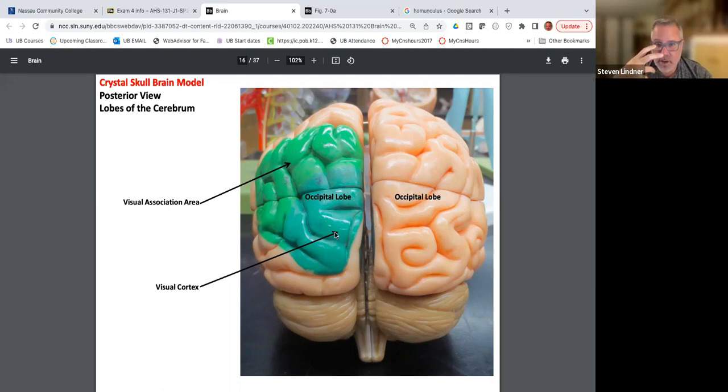If your eyes work and the receptors work, then you'll see a person approaching you. Yes, I see that man. But it relays the information to the visual association area for you to think, where do I know that man from? Who is he? He's so familiar. And then you'll be like, yes, he was the best anatomy and physiology instructor I ever had in my life, right? That's how the visual association area works.